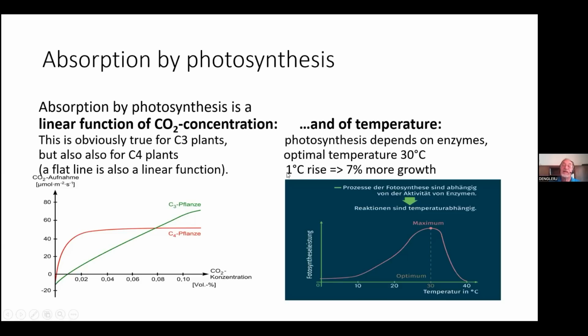We can say a 1 degree centigrade rise of temperature means 7% more plant growth. That means we can feed 7% more people with a 1 degree centigrade rise. This is a message to all those who have problems with global warming.